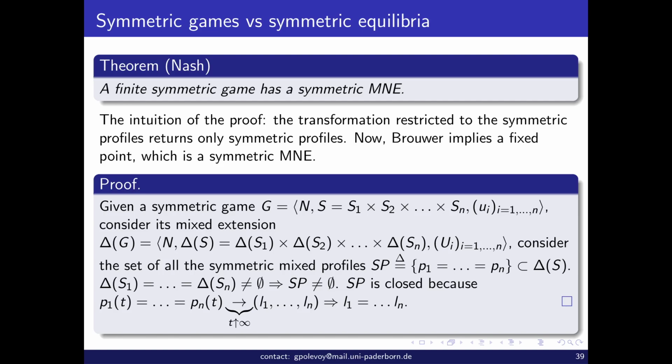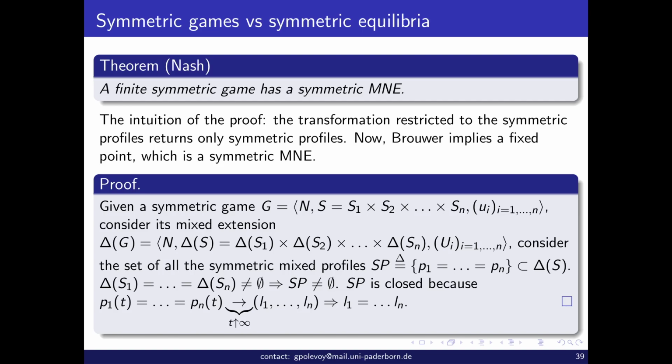So let us do the details. Given a symmetric game, look at its mixed extension, where we have the same players. The strategies are the probability distributions over the strategies, and the utilities are the expected values of the utilities in the original game.